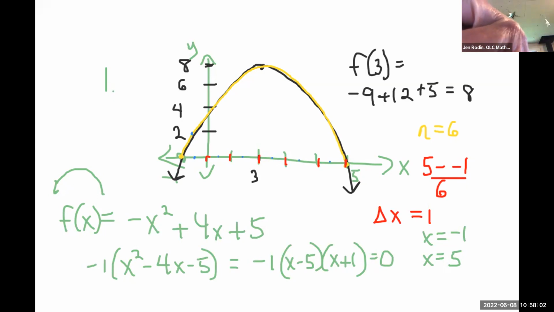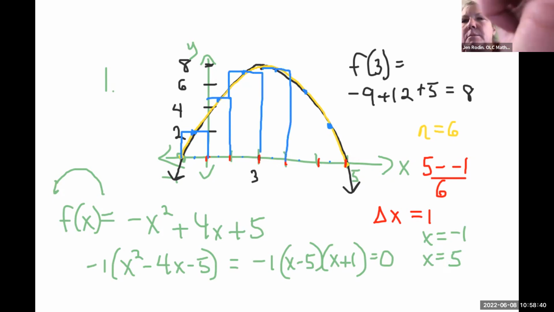So the height here, and then I'll draw the rectangles next. The height here. And I'm just double checking every time, make sure I've got 6. So this is my first rectangle, second rectangle. Those should be exactly the same height if it was perfectly drawn. Same with that one.